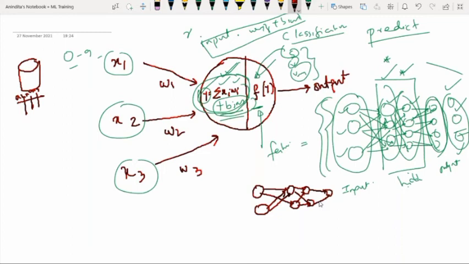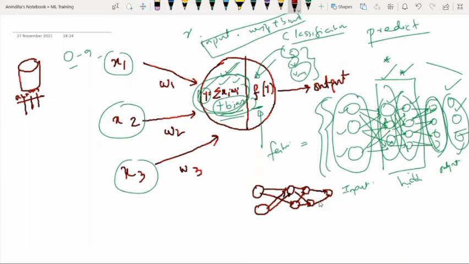So any other question? I have one question for you. Say I'm working on a wine data set and we have 13 features that describe the wine characteristics, and I want to classify whether it is a type 1 wine, type 2 wine or type 3 wine.